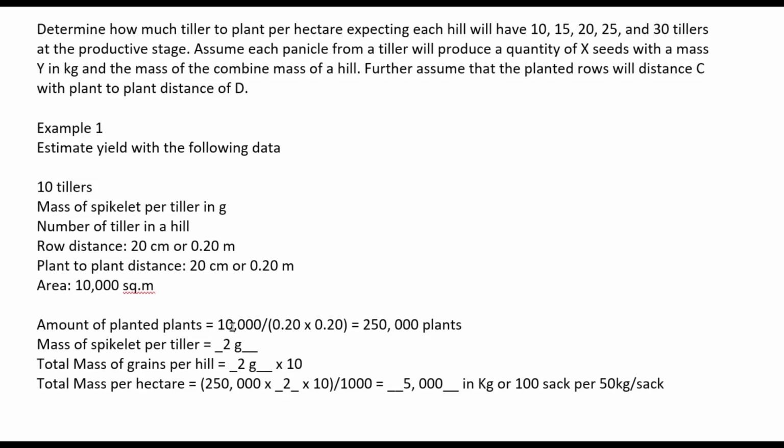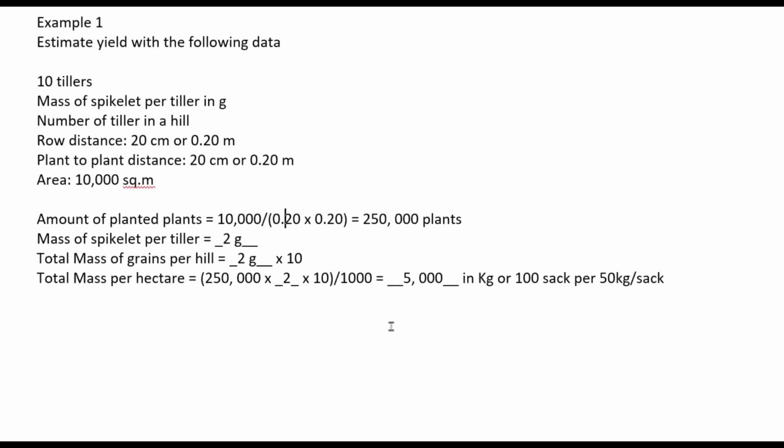First of all, we calculate the amount of plants within a hectare. So you go through the calculation, 10,000 square meter divided by 0.2 is the row between rows, and 0.2 is row to row, or plant to plant, sorry. And we can calculate that we planted 250,000 plants per hectare. And suppose the mass of spikelet per teller is 2 grams.